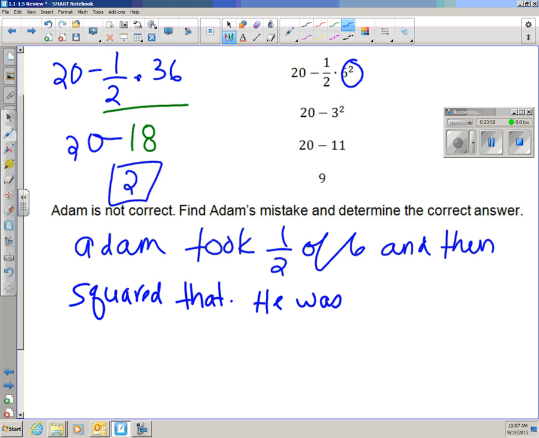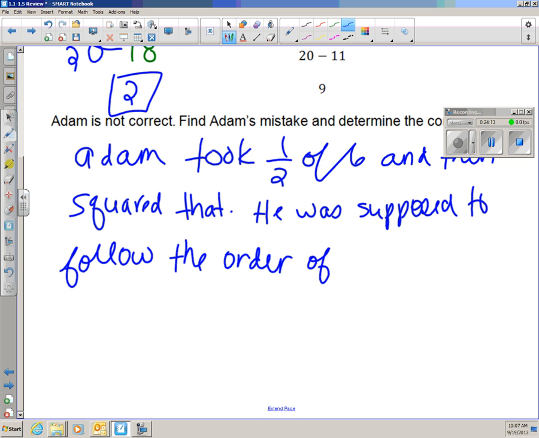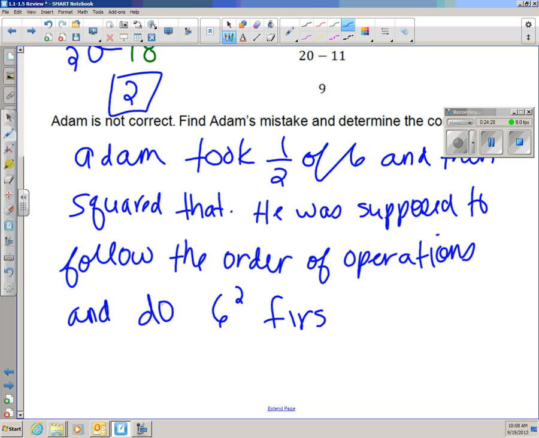He was supposed to follow the order of operations and do 6 squared first. Okay? The correct answer is 2.